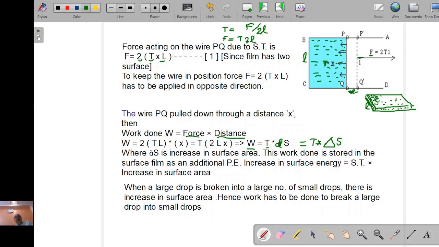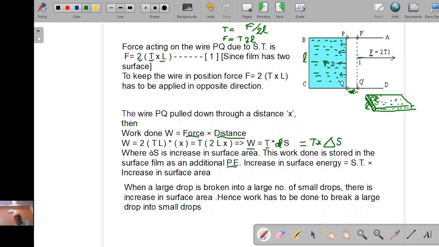This work done is stored in the surface of the film as potential energy. So the increase in the surface energy is surface tension times the change in area.